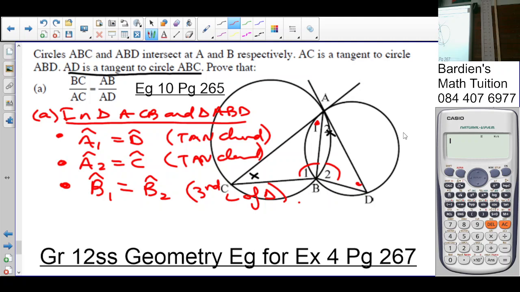So I can say, therefore, triangle ACB is similar to triangle ABD. Why? Because of angle, angle, angle.